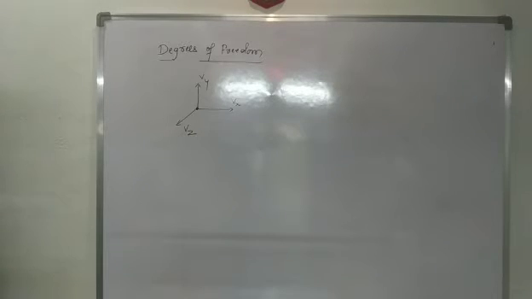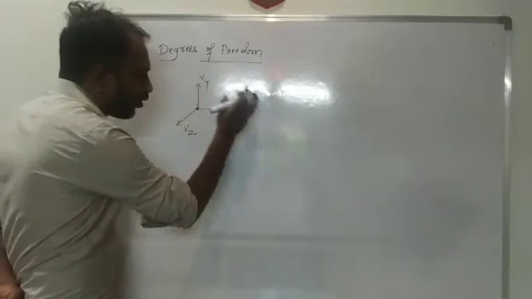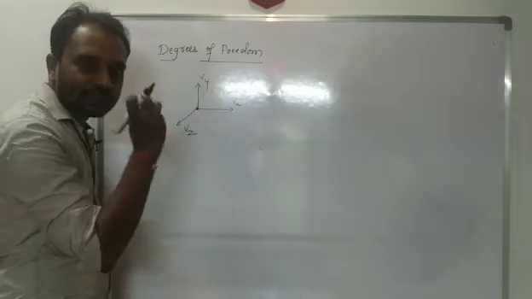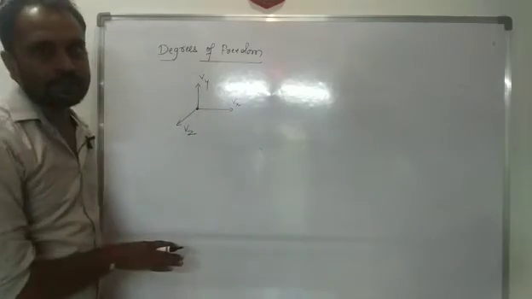So degrees of freedom means the total number of independent ways in which the particle of a medium can take energy. It means the independent ways along the x-axis, y-axis and z-axis by which these molecules gain energy.